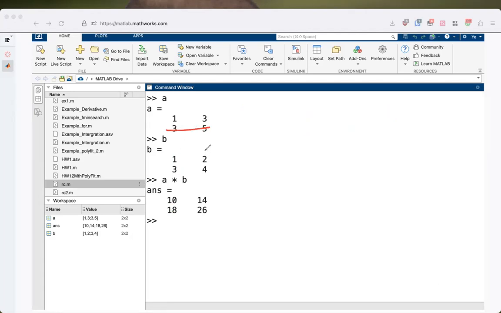Row 2, column 2: 3 times 2 plus 5 times 4, 6 plus 20, 26.